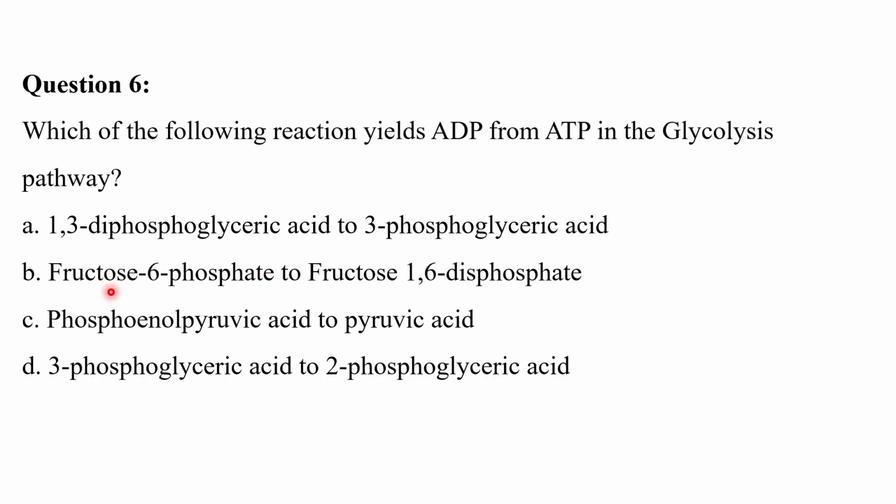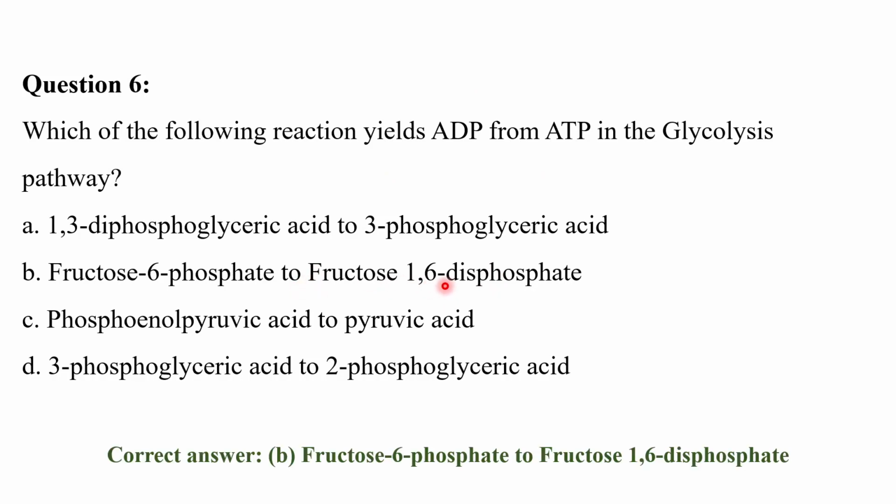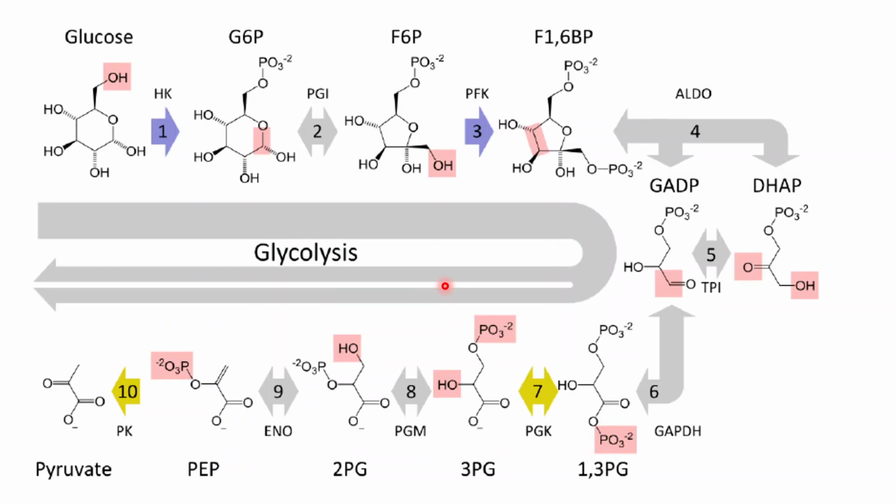Only in the reaction fructose 6 phosphate to fructose 1,6-diphosphate, you can see one more phosphate group is taken from another substrate to form the product. So that means this is the reaction where ADP is formed from ATP.